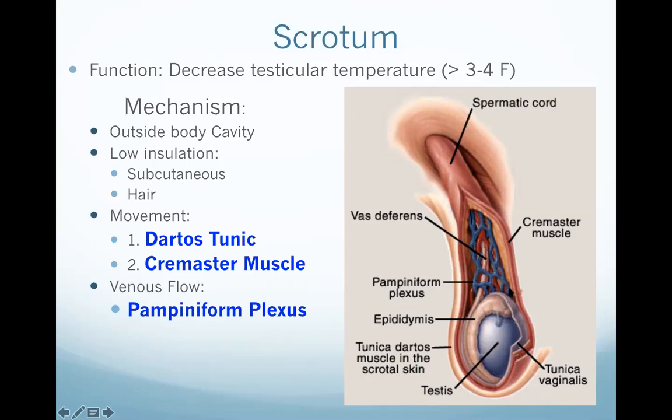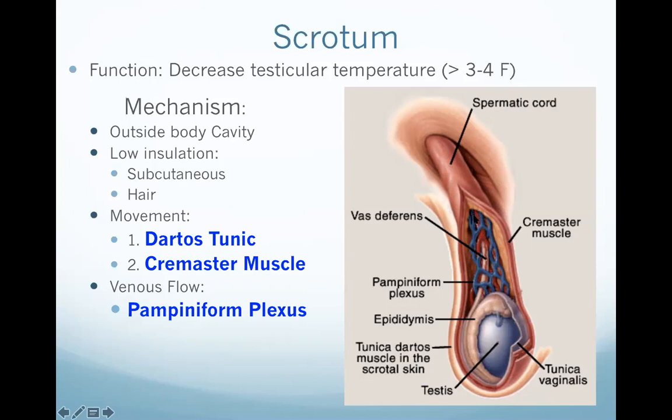These guys would have been just now returning from the skin, where you have a lot of heat dissipating. And so the venous blood that's returning is going to be really cool compared to the testicular arterial blood coming in, which is really warm. And so you actually have a counter current blood flow occurring, which allows for a transfer of heat. So the cool venous blood will actually get warmed by the incoming arterial blood.